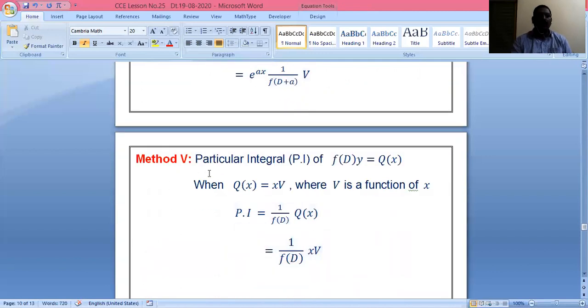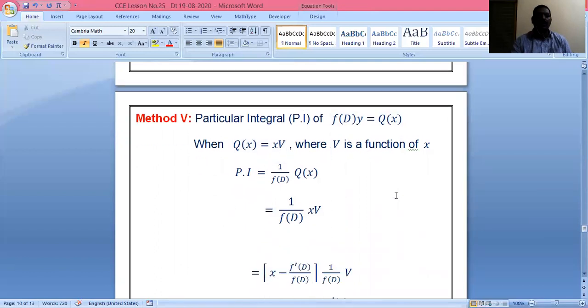Method 5. Particular integral: PI of f of D into y is equal to Q of x, when Q of x is equal to x into V, where V is a function of x.